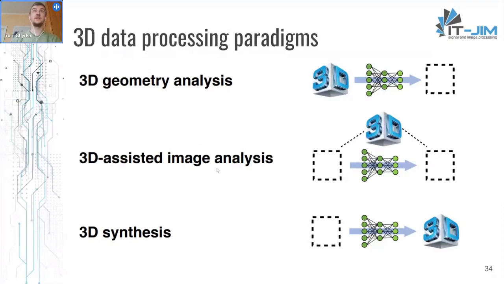We can apply three-dimensional representation for analysis when we interpret a two-dimensional image using complex intermediate representations in three dimensions, but still output two-dimensional results. The final one is three-dimensional synthesis: we have lower-dimensional data, a text description or an image, and the output of the system is a three-dimensional object, a three-dimensional shape.